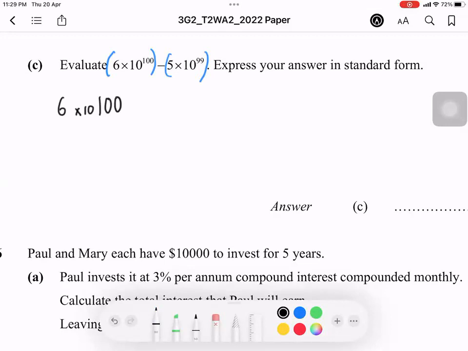Minus, give me a minute. Oh, wait. 5 to the power of 99. Okay, 6 times 10 to the power of 100.